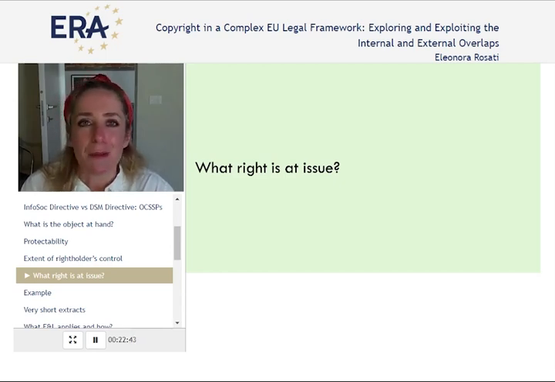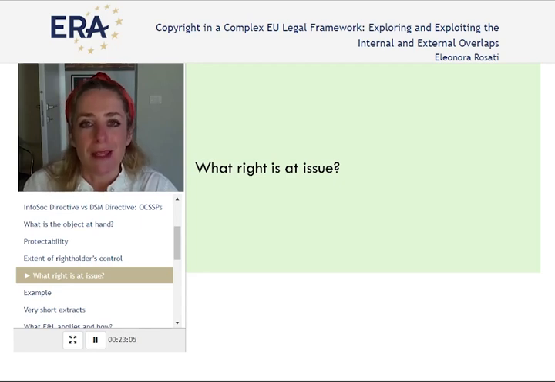Let's take the right of reproduction. It is the simplest and the most classical of all copyright's exclusive rights. Indeed, if we take the word copyright, it is the right to control the making and distribution of copies of works. And yet, what falls within reproduction gives rise to several questions.